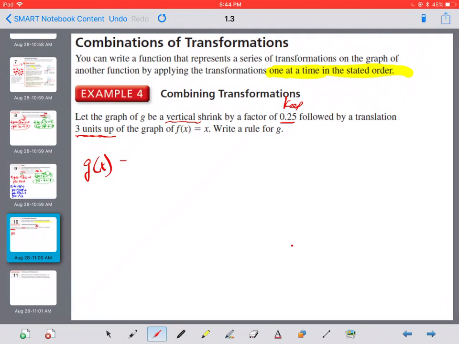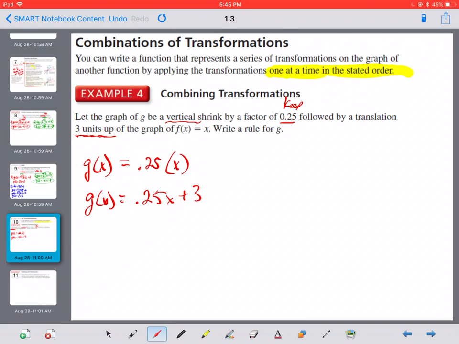We're going to write a rule for G. So our G of x, and this is phase 1, we're going to do a vertical shrink by 0.25. So it's 0.25 times the whole equation, which is very small. It's just an x. Okay, so then we get G of x equals 0.25x, and then we're going to do the 3 units up. That's a k. It goes on the back. Plus k.